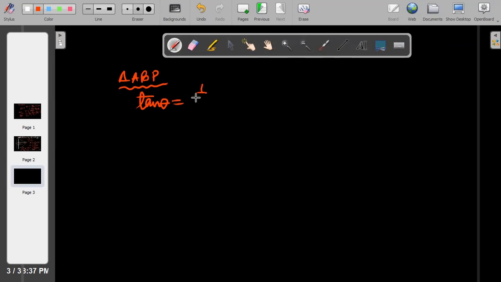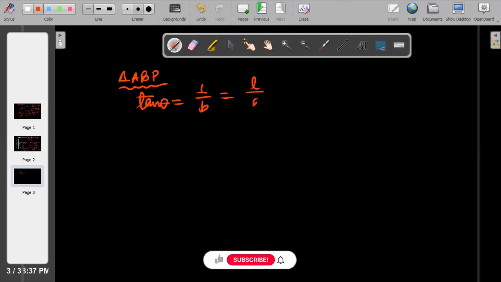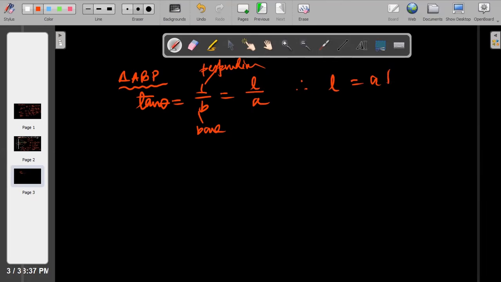Tan of theta is perpendicular by base, which means it will be L divided by A. This is perpendicular, and this is base. Therefore, L equals A tan of theta. So dL will be A sec square theta d theta.